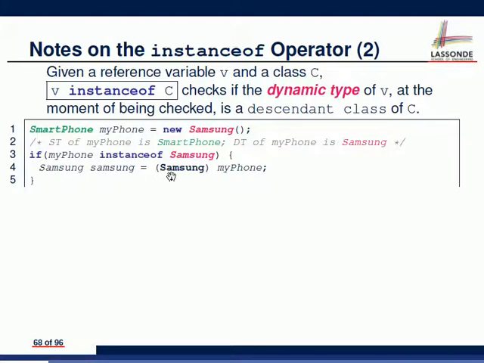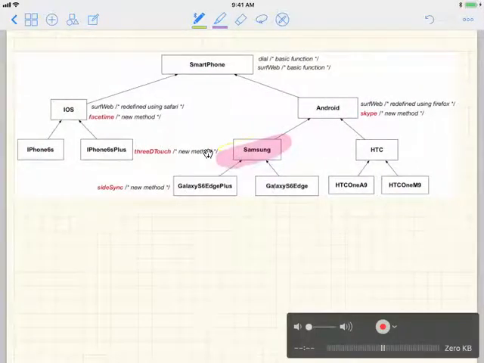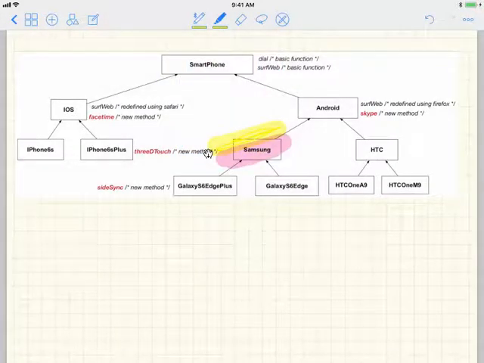Would it be safe for me to do that? In this case, I can simply do an instance of check. Would the instance of in line number 3 return true? Yes, right? Because Samsung over here is just itself. So it'll be okay to cast. So that will return true, so I can do the cast.